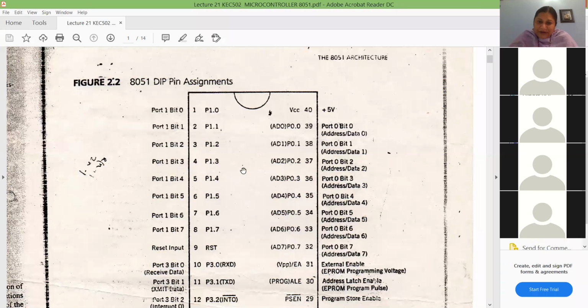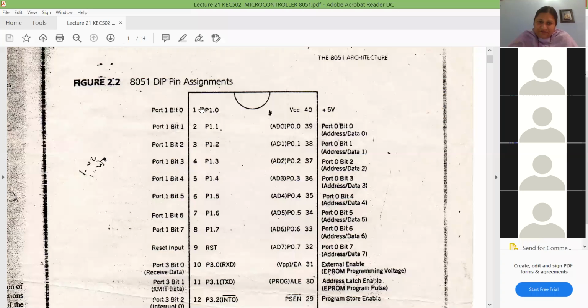If you have inbuilt EPROM, then the number will be 8751 microcontroller. If you have 8051, then you do not have internal EPROM, but the family is 51, and all the instruction sets are similar. Another IC we have is 8052.